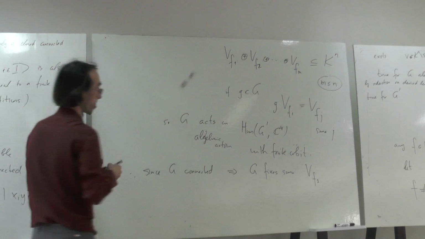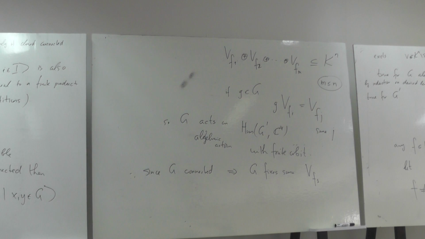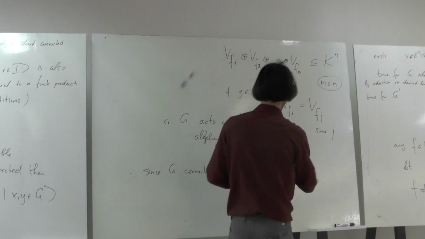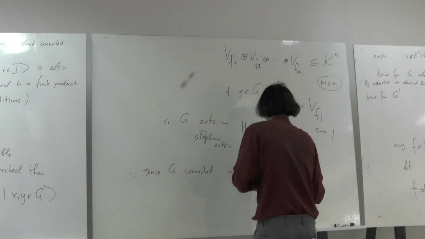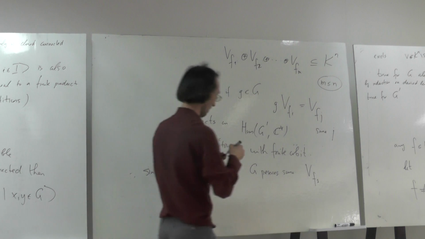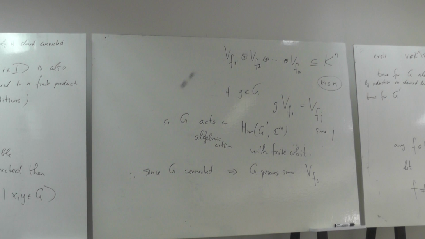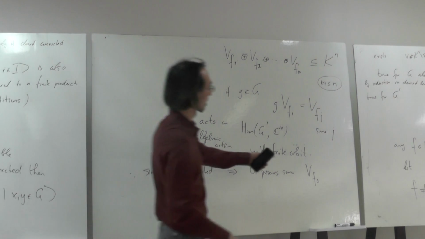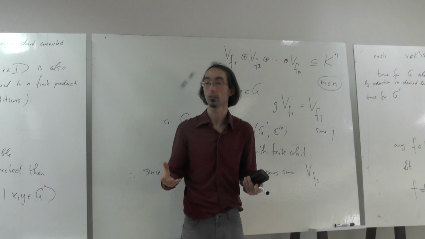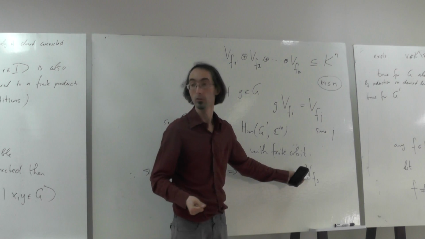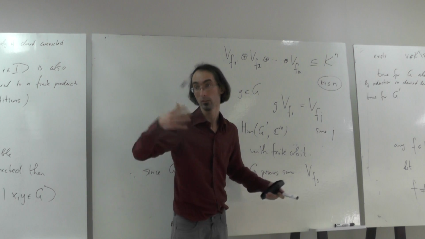Right? By fixes, I mean it leaves it invariant, preserves. Okay. Now it can happen that this is already the whole space, in which case we don't know anything yet, right? Looks like this could be the whole space K^n.